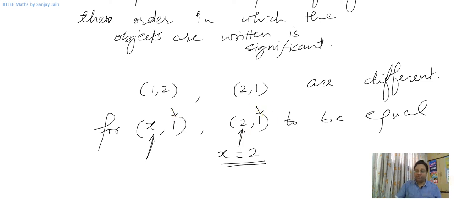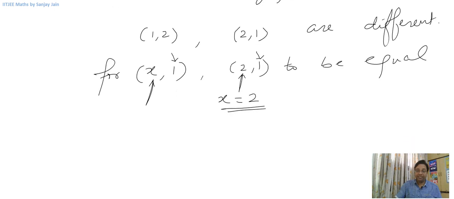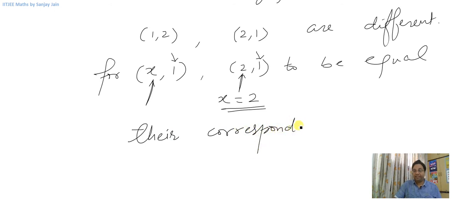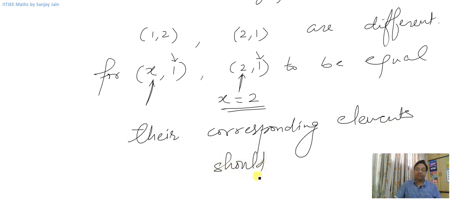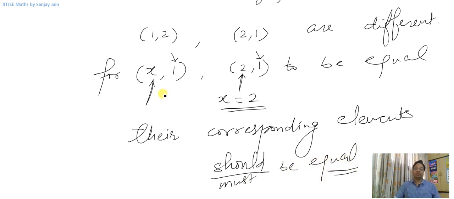So what I can say collectively is that their corresponding elements should be equal, or you should say must be equal, for two ordered pairs to be equal.